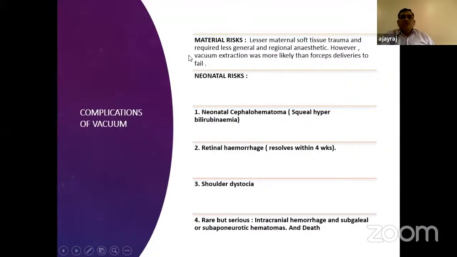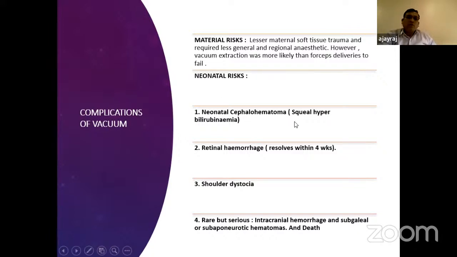Complications: maternal risk, lesser maternal soft tissue trauma than the forceps delivery, less general and regional anesthesia. However, vacuum extraction was more likely than forceps deliveries to fail. So if vacuum fails and forceps doesn't, then forceps delivery.